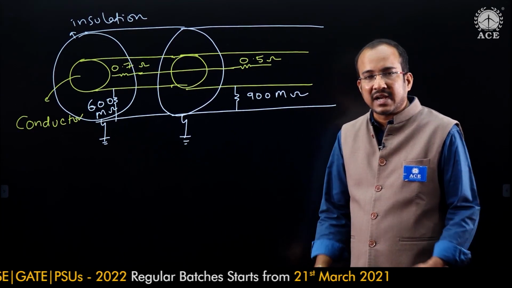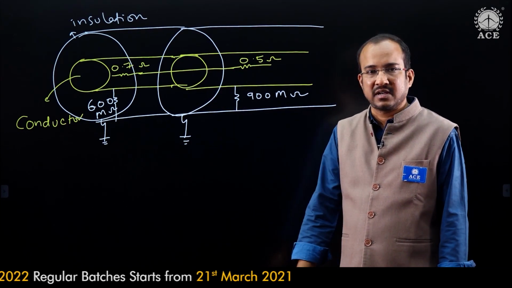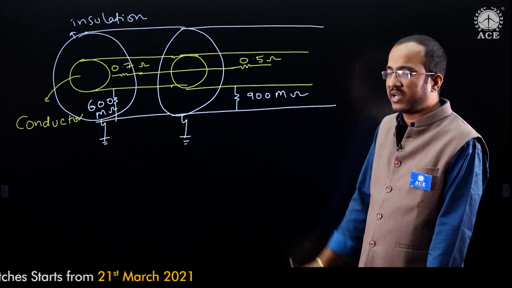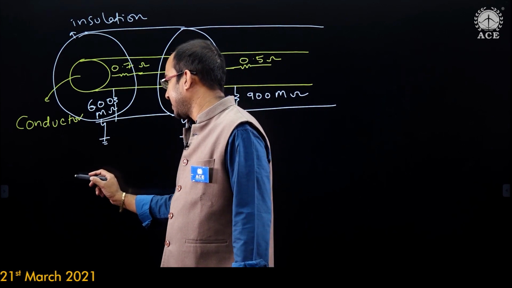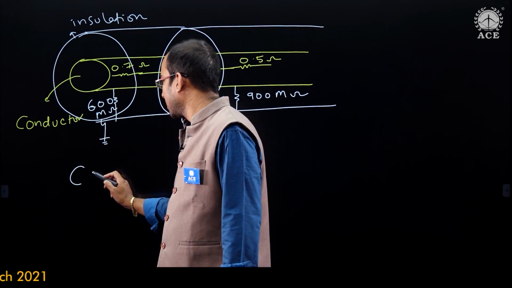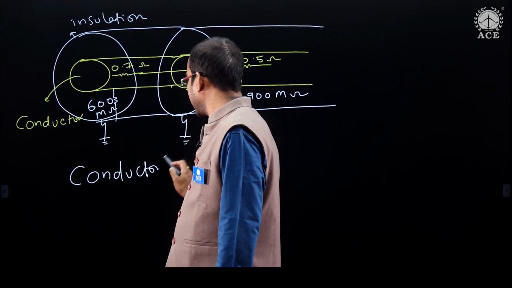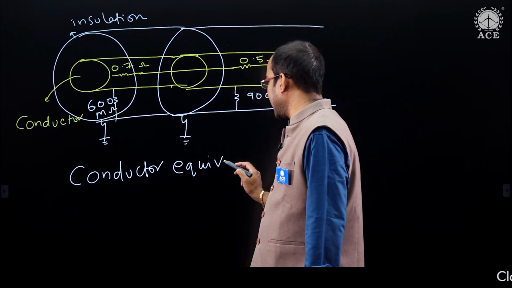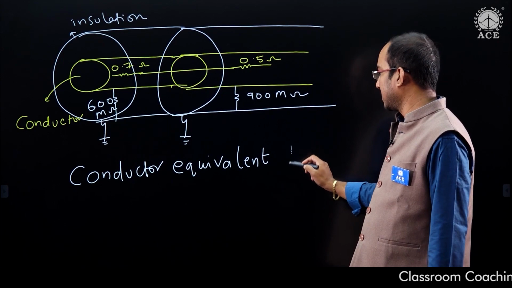Now, first let us calculate the equivalent resistance of the conductor and the equivalent resistance between the core and the sheet. So, conductor equivalent resistance.